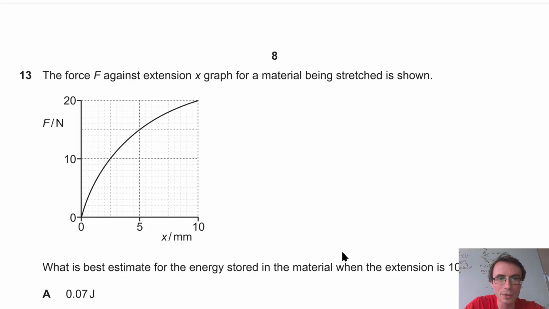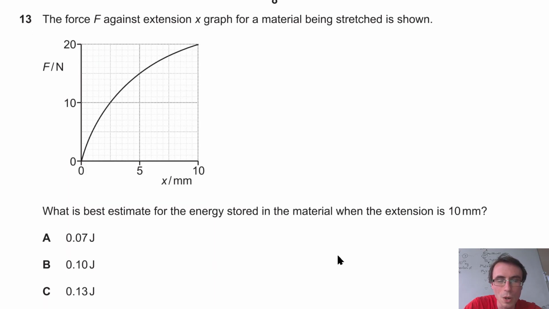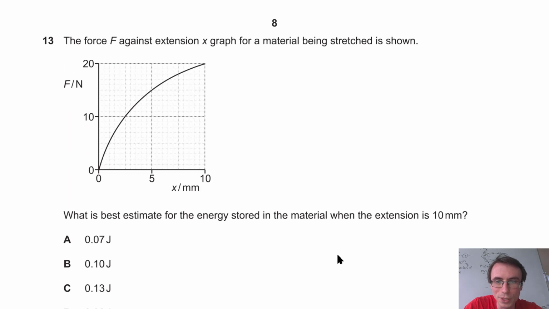Okay, moving on. The force against extension graph of a material being stretched is shown. What is the best estimate for the energy stored in the material when the extension is 10? Now these ones can be really tricky, and the area underneath the graph will give us the energy.